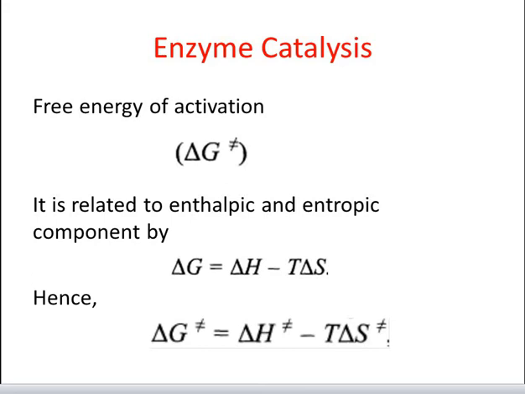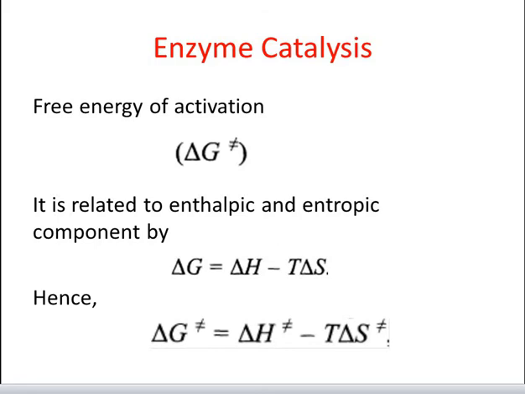All catalysts act by reducing the energy of activation, or more correctly, the free energy of activation, that is delta G‡, of the reaction being catalyzed. Free energy is made up of entropic and enthalpic components.